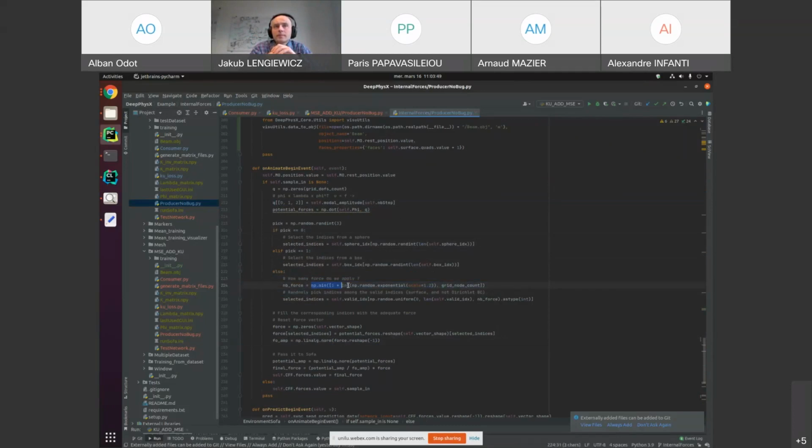So I pick n random indices on the beam and apply the force that I computed here. So I still have a third of my dataset that are local forces. Okay, this is a very nice project, I guess.